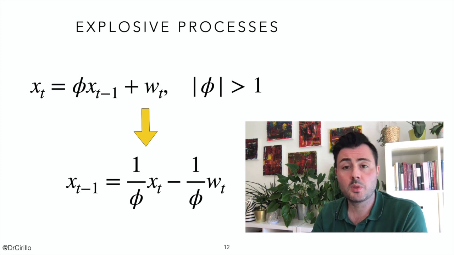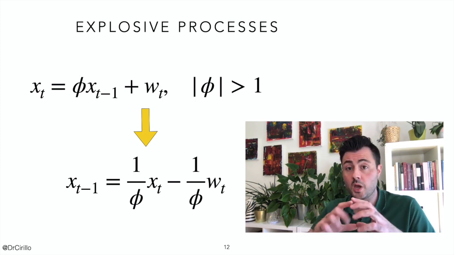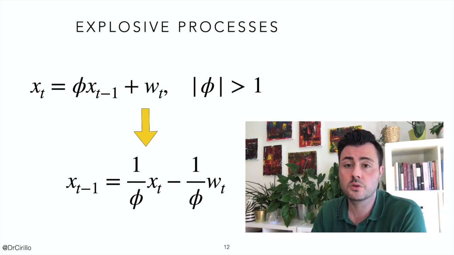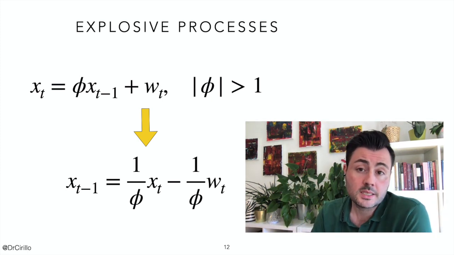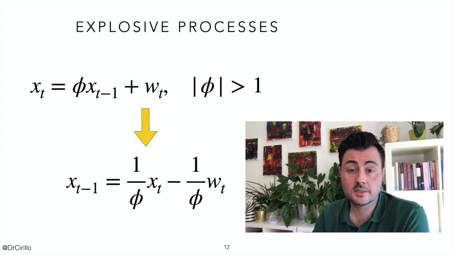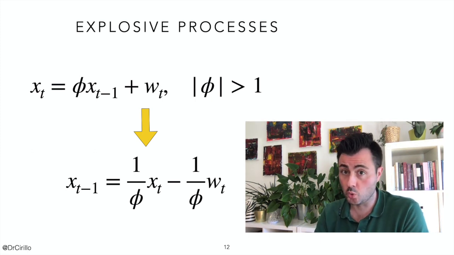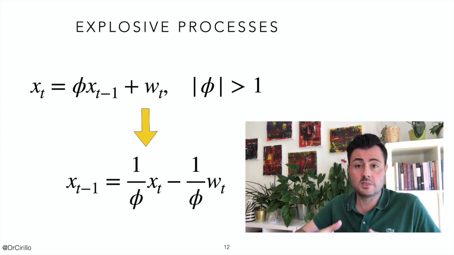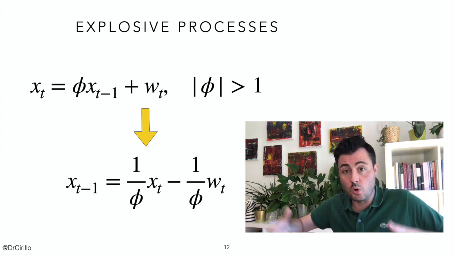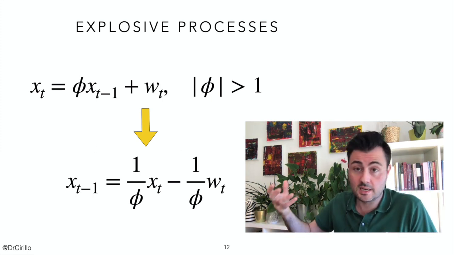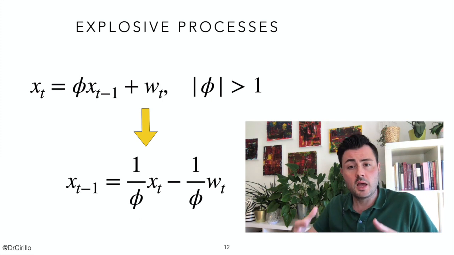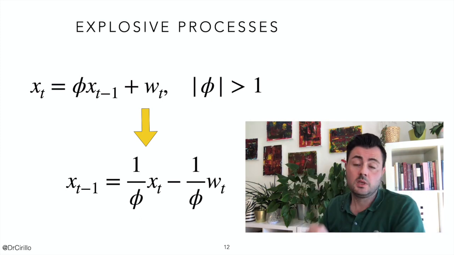At the same time, when phi is in absolute value larger than 1, so when we are out of the unit circle, then it is quite simple to verify that the process is explosive, because over time it tends to grow and grow and grow, since phi is larger than 1 in absolute terms, and it will explode in the limit.